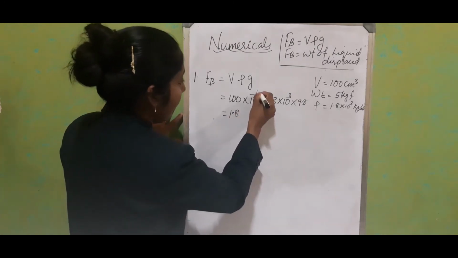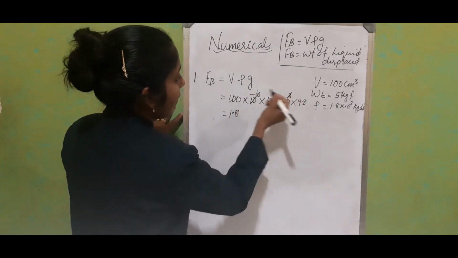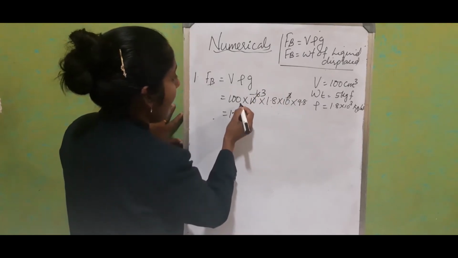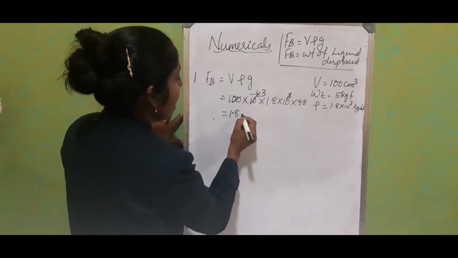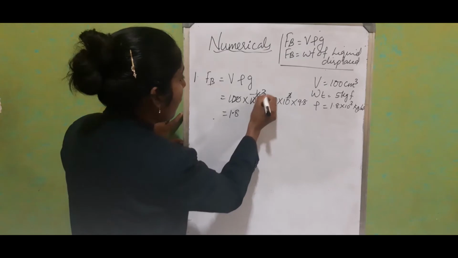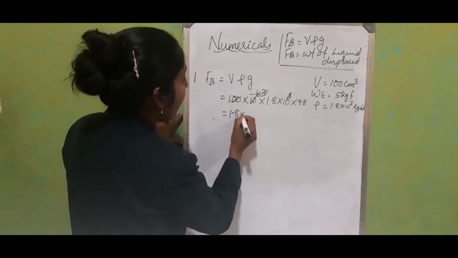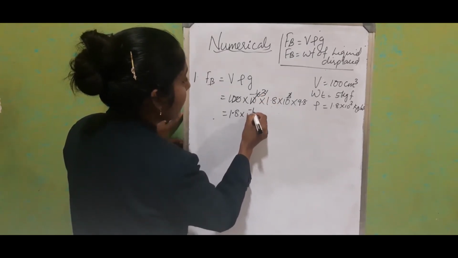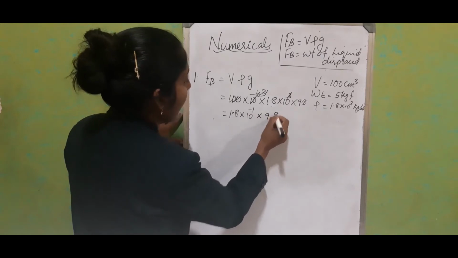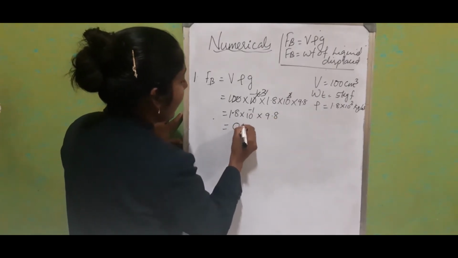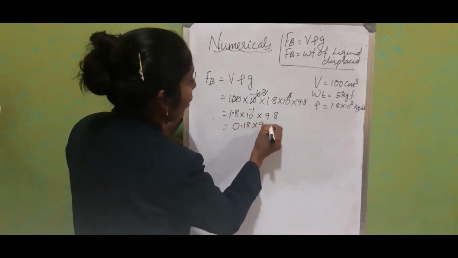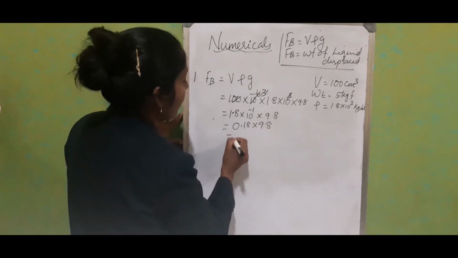Finally the 10 to the power 3 and 10 to the power minus 6 combine, and 100 is 10 squared, so minus 1 will come. So 1.8 into 10 to the power minus 1 into 9.8, or we can write it as 0.18 into 9.8.